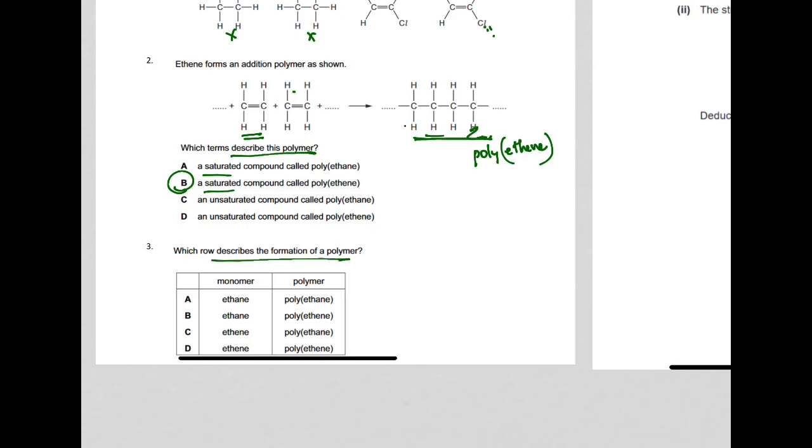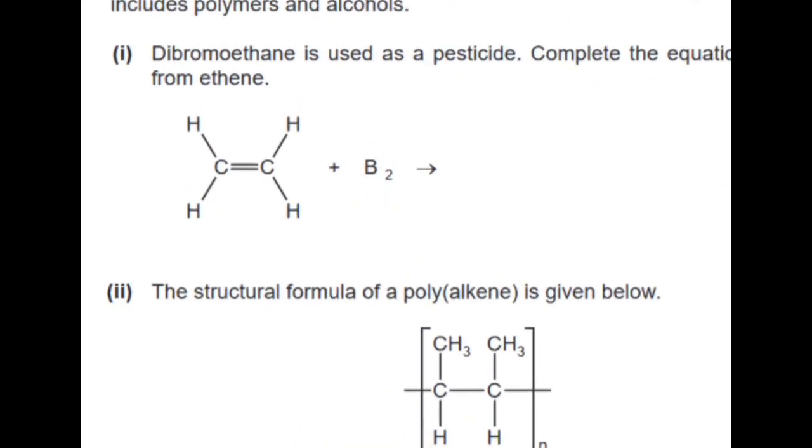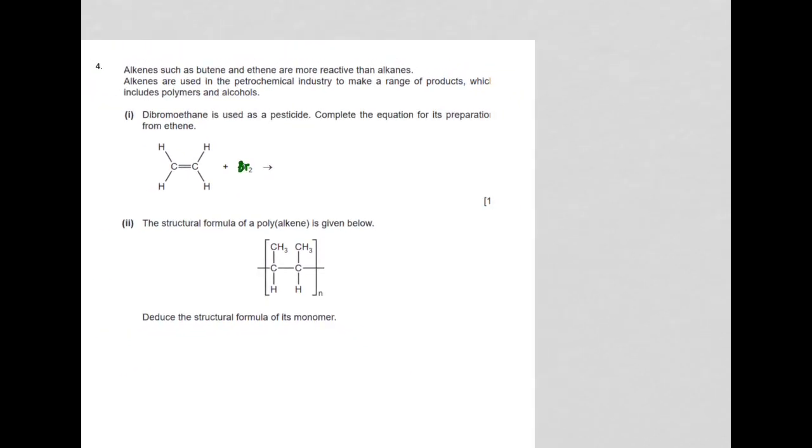Here, which shows formation of a polymer, you have the monomer. The monomer has to be an alkene. So it has to be ethene, and then the polymer will be polyethene. For this question, you just have to add, this is Br, not B, because you're just adding bromine. So this is an addition reaction.